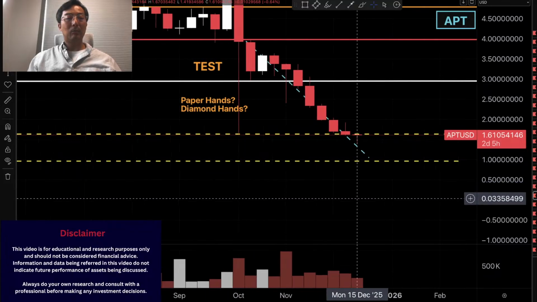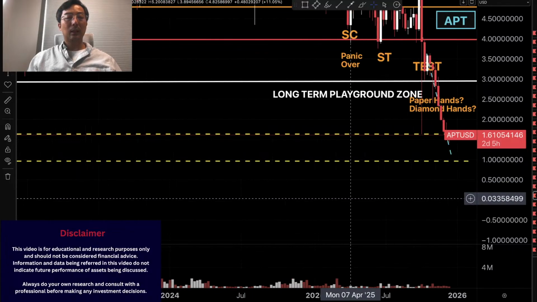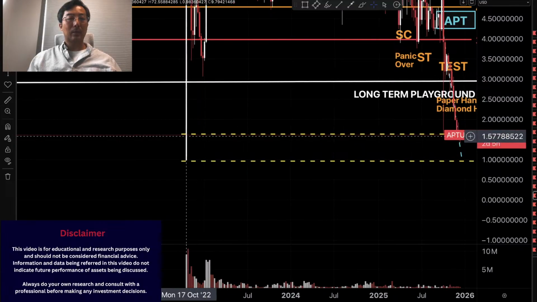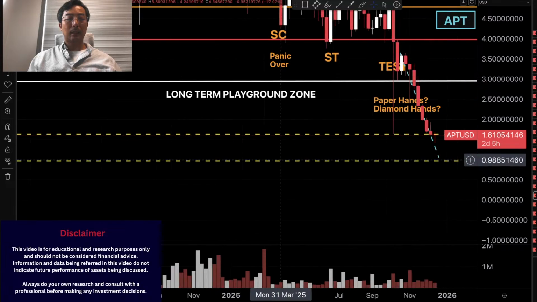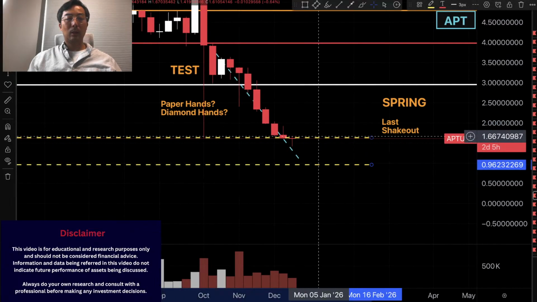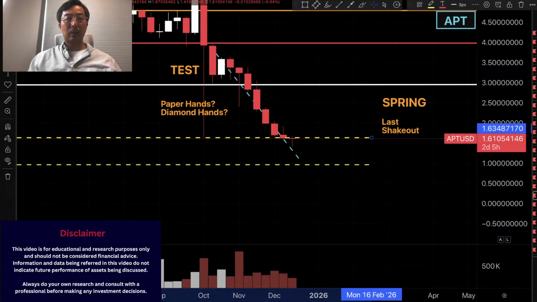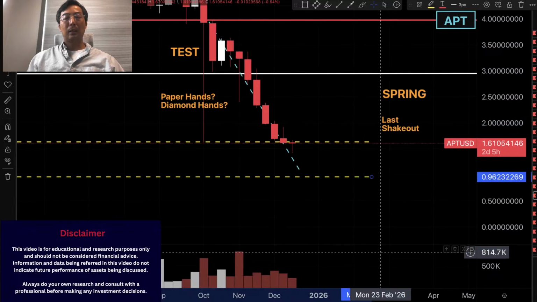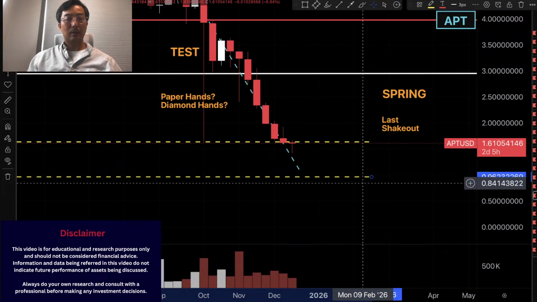That's a slightly positive sign. If we look to the left, October 2022 is where we get these reference levels from. So this one that currently Aptos is finding support, and there's still a lower one at around 96 cents.